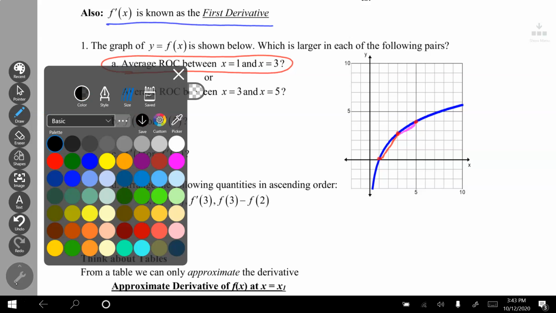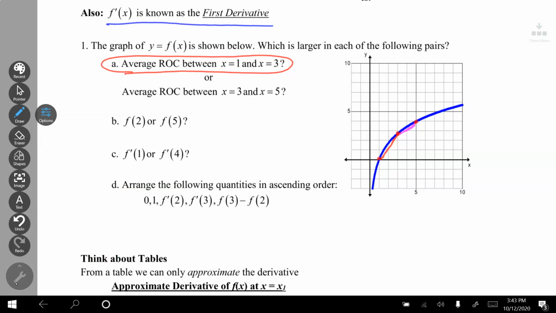Now when we want to do f of 2 versus f of 5, well, I'm going to erase all this. These are just y values. Not everything we do is derivative, so here's f of 2, here's f of 5, and f of 5 definitely has a higher y value. Now we want to do f prime of 1, f prime of 4. So I'm going to erase this.